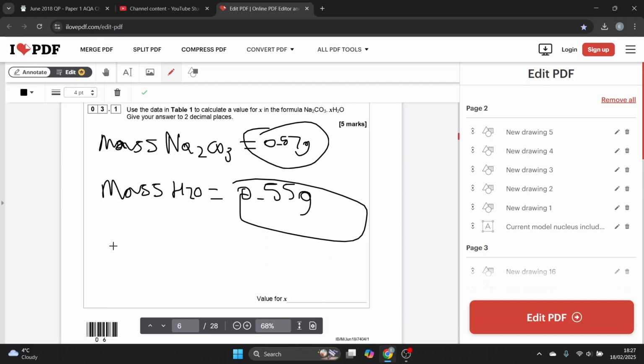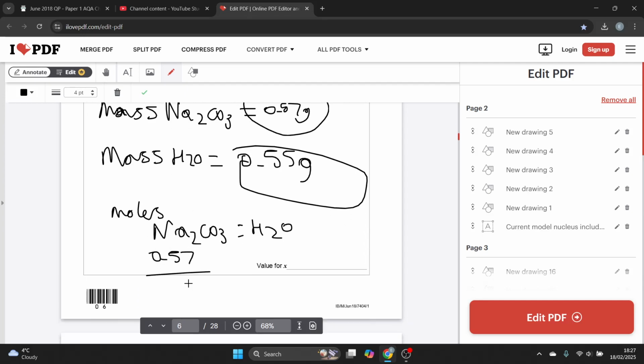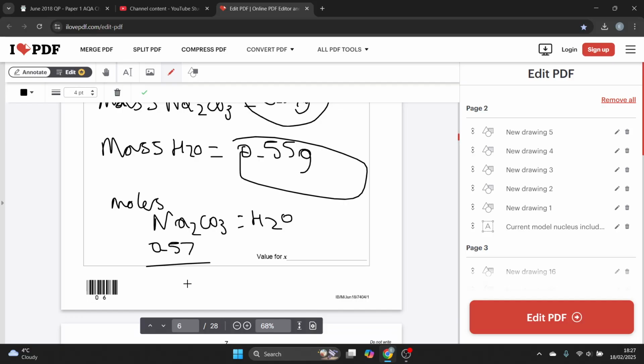Then I work out the moles. Sodium carbonate to H2O. 0.57 over the Mr. 0.57 over 23 plus 23 plus 12 plus 16 plus 16 plus 16.